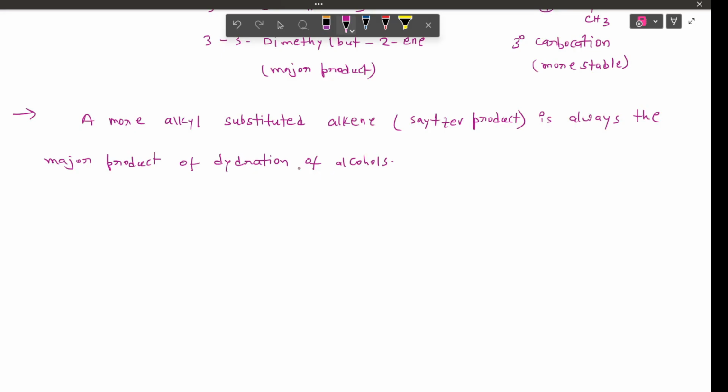Okay, and this generalization is known as Saytzeff rule. Saytzeff or Zaitsev, they are the same thing.